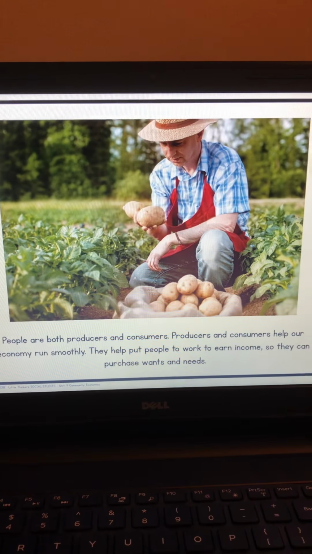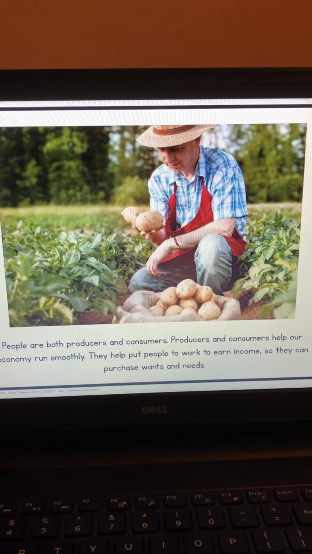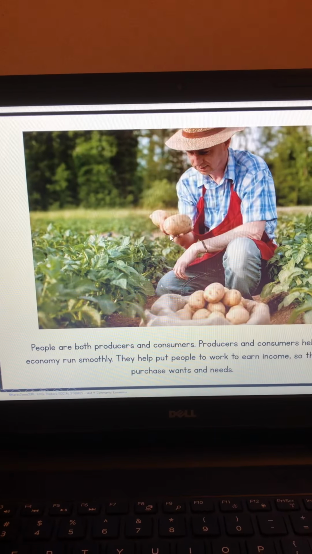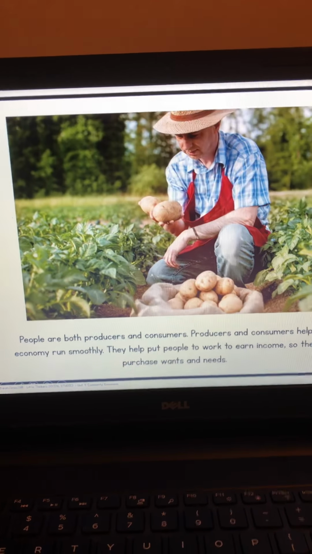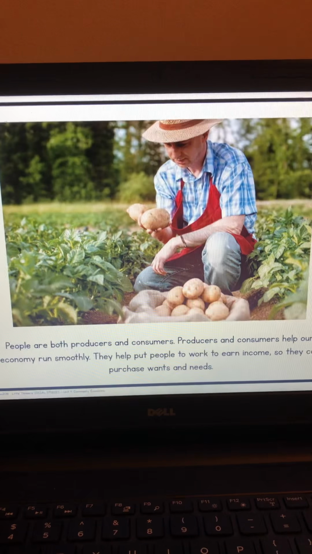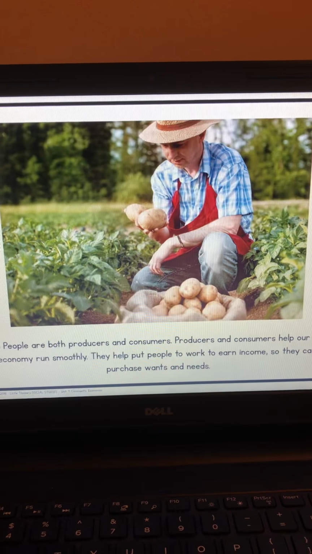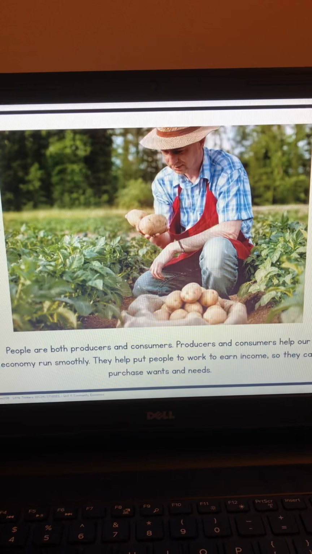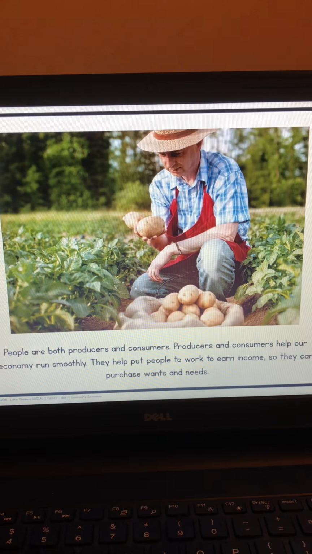And this is what I was saying in an earlier slide. So this farmer, for example, right now is a producer. People are paying him money for the potatoes. But now the farmer with that money is going to buy stuff, and now he is a consumer. So let's pretend this farmer goes to a movie. Now he is a consumer.